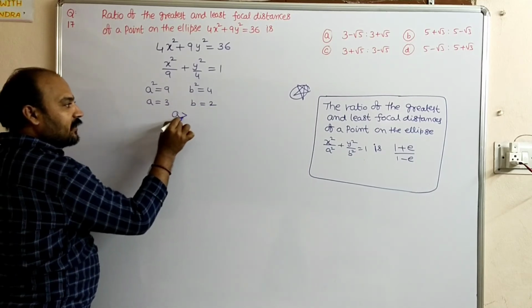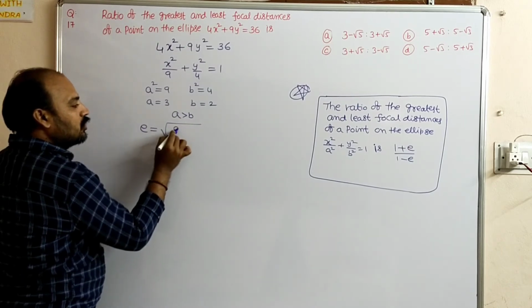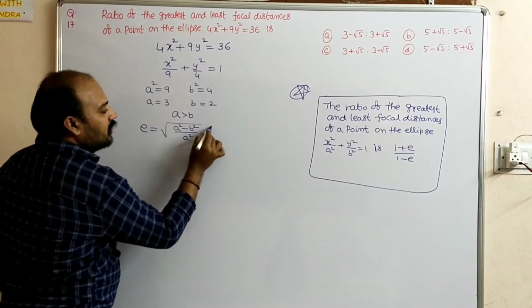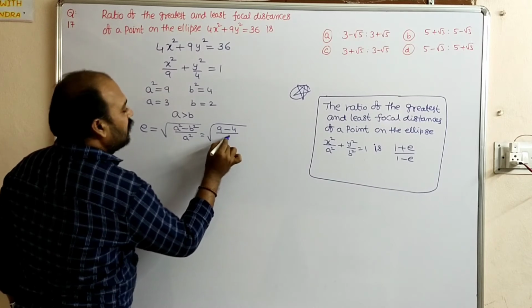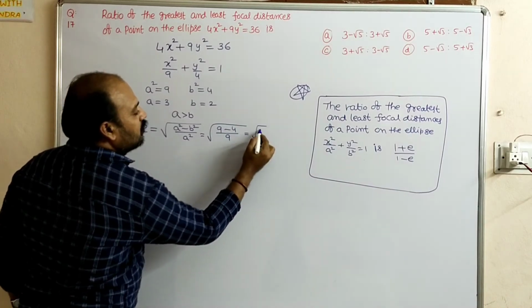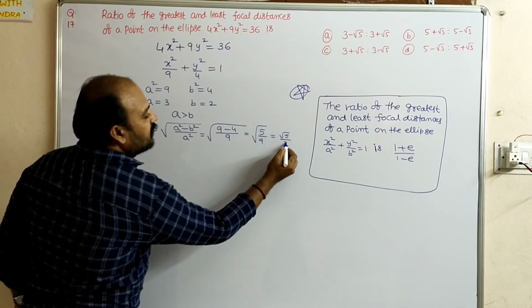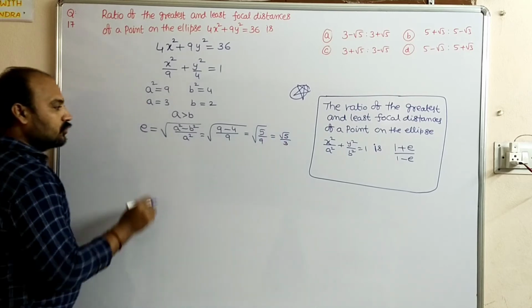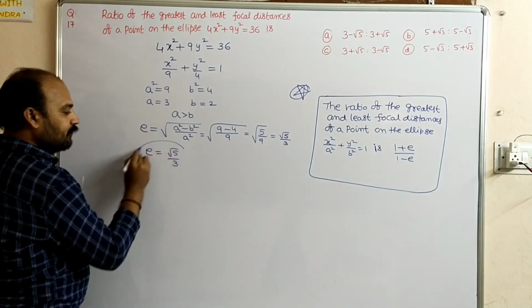Clearly A is greater than B. Now calculate eccentricity e equal to root of A square minus B square by A square, under root of 9 minus 4 divided by 9, which is equal to root 5 by 3. So therefore e equal to root 5 divided by 3.